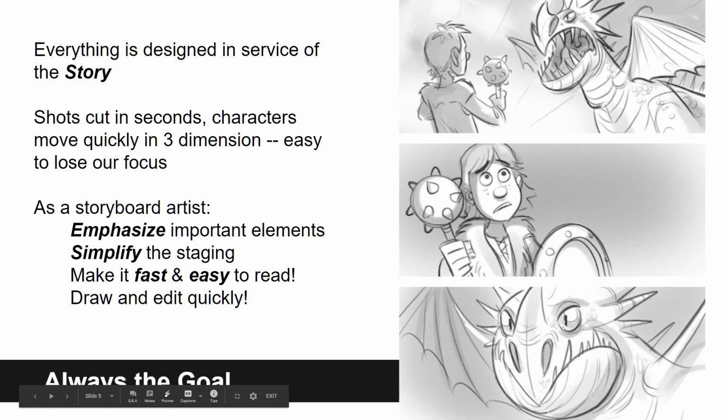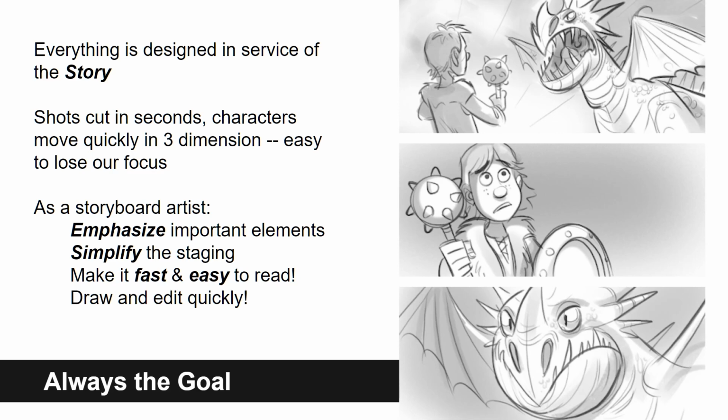Everything in a major production film is supposed to be in service of the story. A film is made up of a lot of shots cut or gathered together into sequences, and these shots cut in seconds. Characters are moving in 3 dimensions in very complex manners.